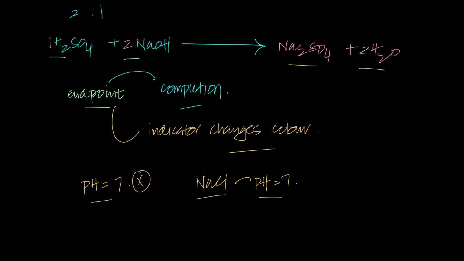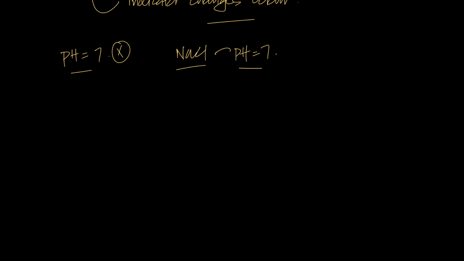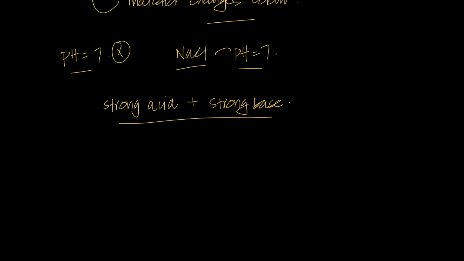Which salts are pH 7? Sir, you're going to get pH 7 salts usually when you react a strong acid with a strong base. And why does that happen? That's a story for another day. Strong acid with a strong base. That is when you get pH 7 salts normally. For example, when you take HCl, which is a strong acid, and you react it with NaOH, which is a strong base, you end up with a salt which has a pH of 7, sir.